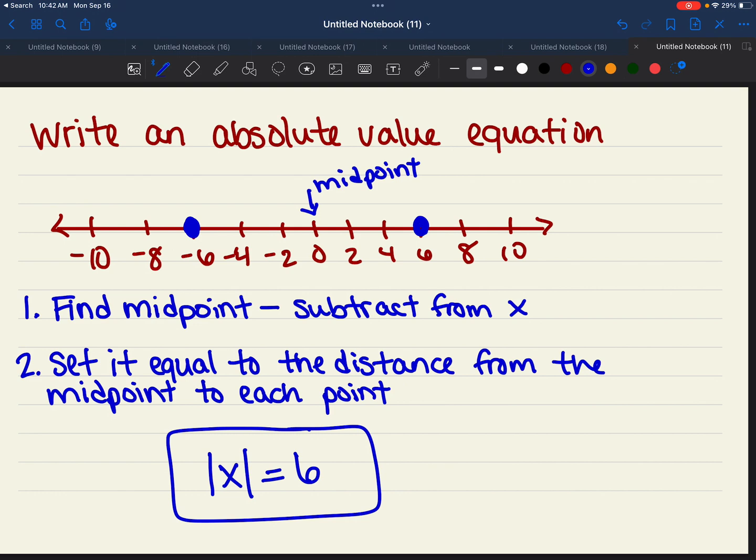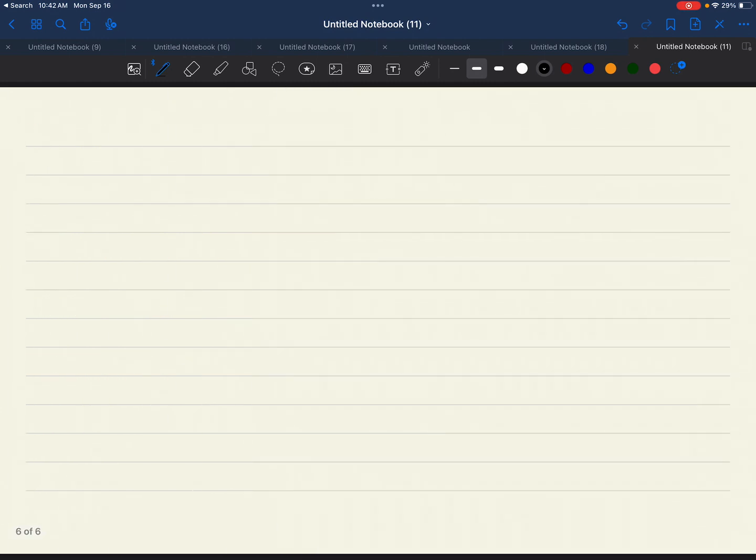So all you have to do is find the midpoint, which I'll give you a couple more examples on because this one's a little different, since your midpoint is 0. They won't always be like that. You'll subtract that from x every time, whatever the midpoint is, and then you just count how far the midpoint is from your endpoints. All right, let's do 2 more, and I think we'll be okay.